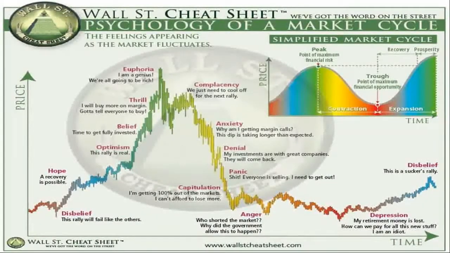And so, is this rally a real rally, or is it time to get fully invested? That's when we get to the belief stage of the psychology of the market cycle. This should be every trader's Bible, because this is a deep analysis of traders' psychology.